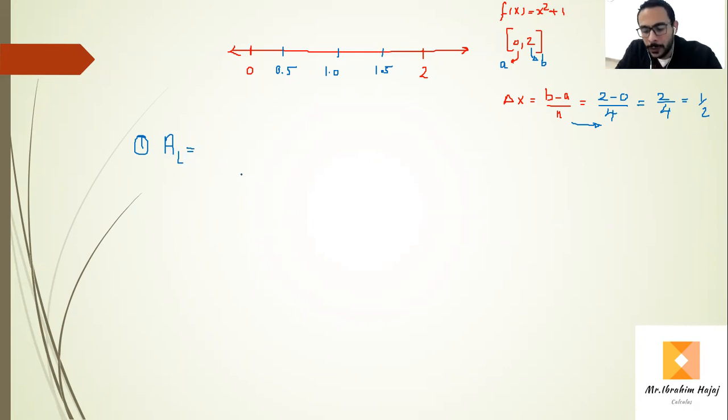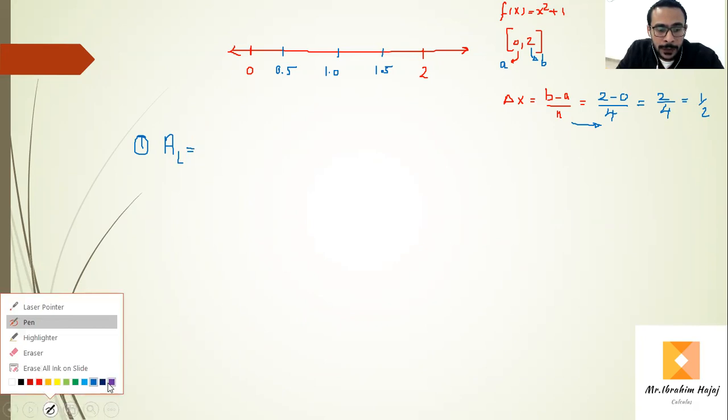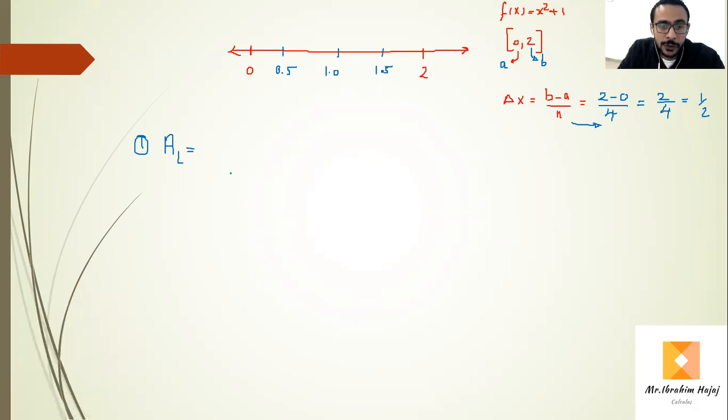What does the left endpoint rule mean? I'm going to take only the points, pay attention please. I'll do it here with this green color. For the left, take from the left all points except 2: take the 0 with 0.5 and 1 and 1.5.